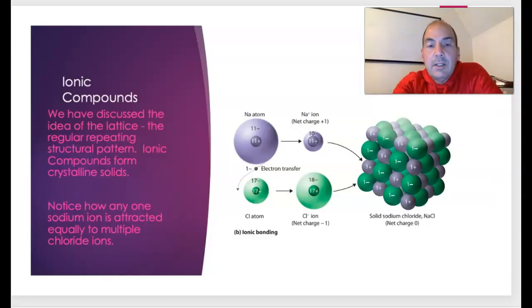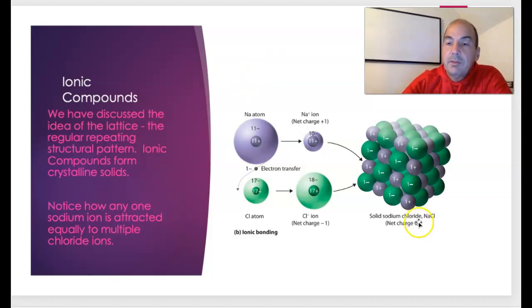We got into the idea of ionic compounds and the idea of a lattice, a regular repeating structure. You look at the pattern here and you see this gray is bonded not to just one green, but to 5 different greens, because there's one behind it and 4 alongside of it. What makes ionic compounds so special is this lattice, and also the way that it's equally attracted to multiple things.